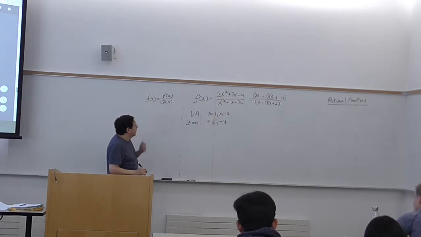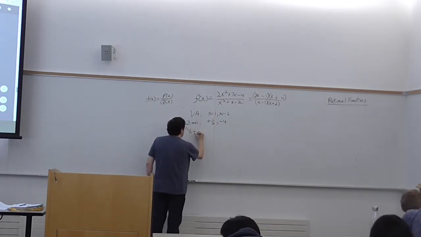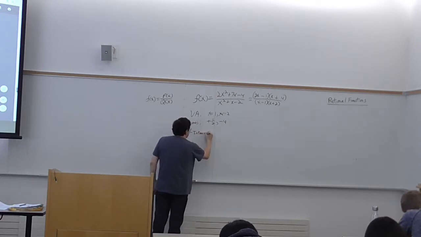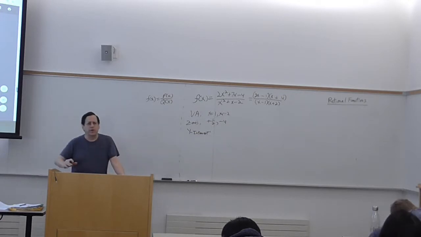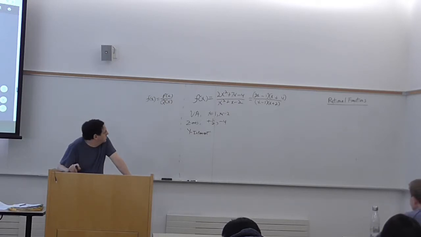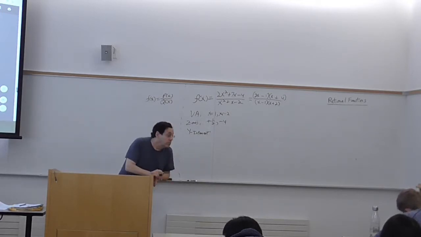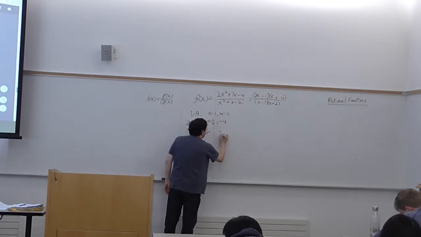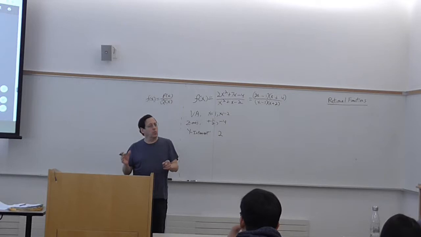Okay. How about the y-intercept? Where do I find that? We're going to cross the y-axis. Okay, it is 2, but why don't you tell everyone how you found that?